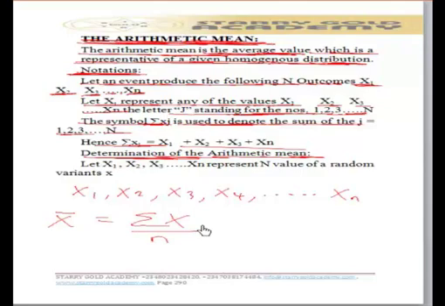which means the summation or the addition of all the x values given, divided by the number of times the event or the observations occur. So for arithmetic mean to be computed given relevant statistical data, the formula is x bar equals summation x all over n.